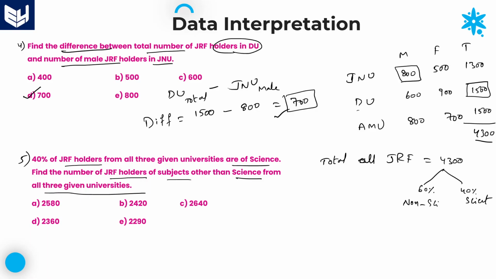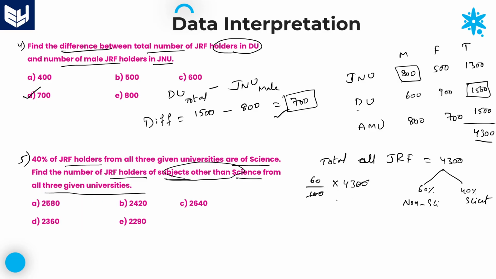Other subjects. Okay. So you need to calculate. Here the question is about the number of JRF holders of subjects other than science. Other than science, in the sense, that is the 60% value. 60% of 4300. Here 2 zeros get cancelled.